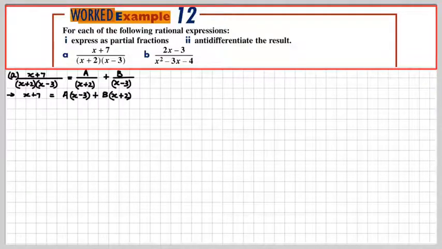Now look at this. I've multiplied both sides by the whole of the denominator, and I get this: x plus 7 equals this plus this. Now, there is a very marvellous strategic little trick you can do with this. If you are picky in the way you pick, you don't have to multiply all this out and then equate coefficients.